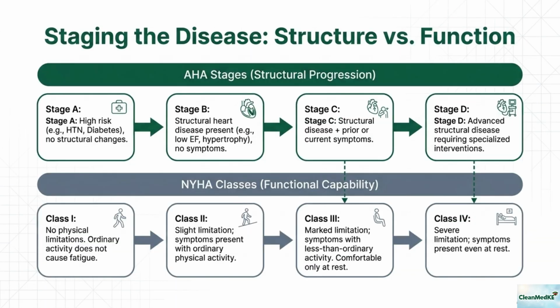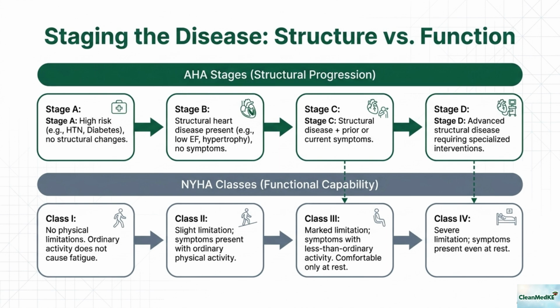We stage heart failure using two different lenses, AHA stages and NYHA classes. The AHA stages, A through D, focus on the structural progression of the disease. Stage A is simply being high risk with no symptoms, while Stage D is advanced disease requiring specialized interventions.